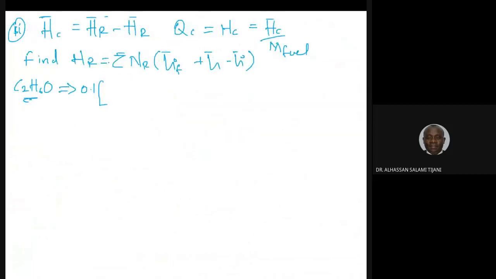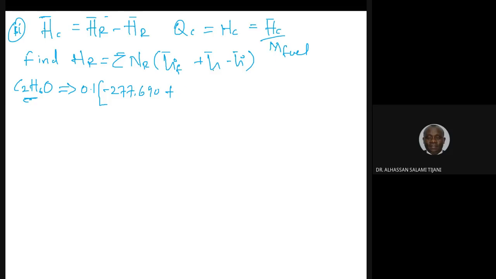So now this gives me minus 277,690 plus. Now this is where the students find problem. Be careful over here.